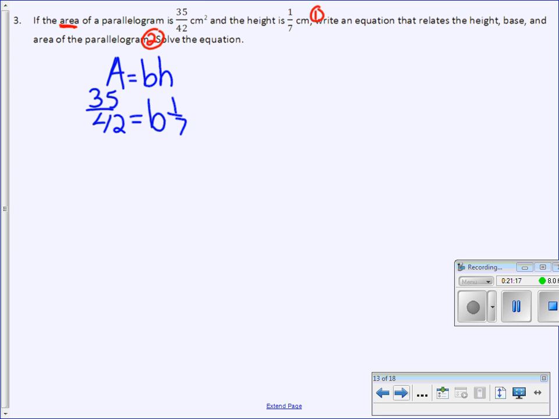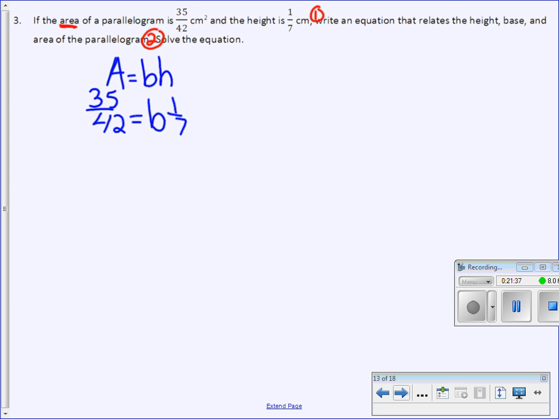So now we have to find out what B is. How do I find out what B equals? How do I get the B alone? If only we spent all of Module 4 learning how to do that. Give me 2 words.